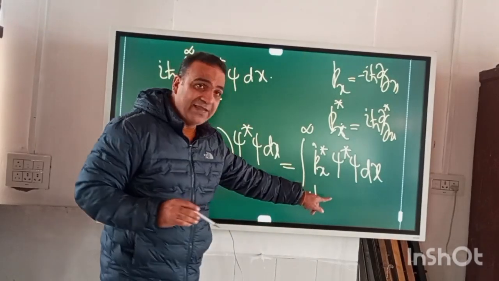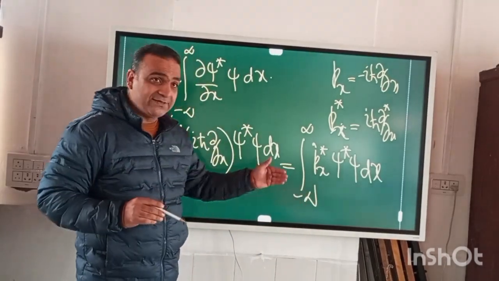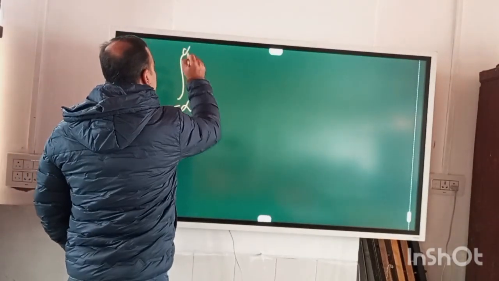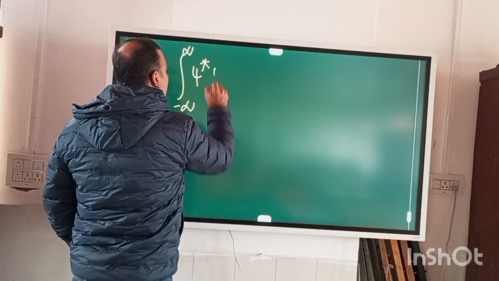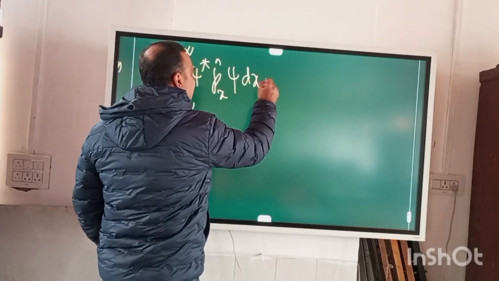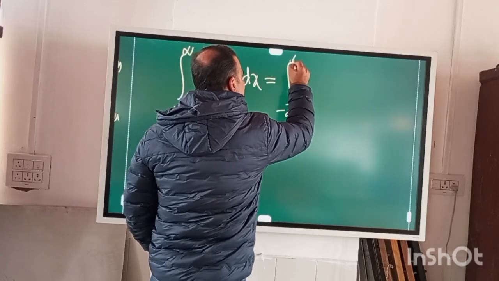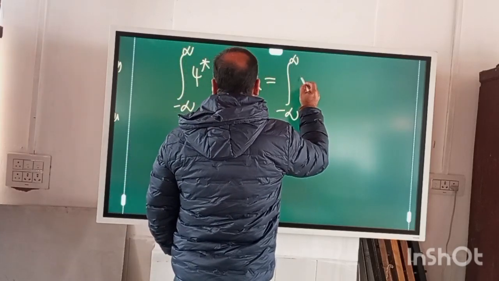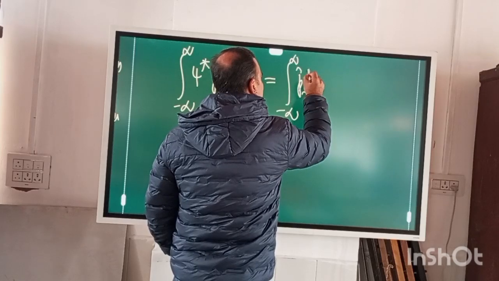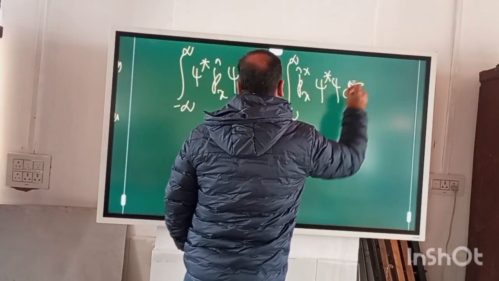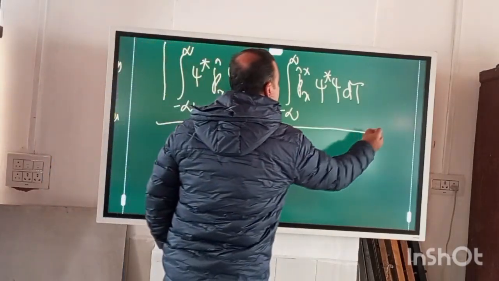So you can see the result that I have obtained here. This result is that you have the integral from minus infinity to infinity of psi star, px cap, psi dx. We have proved that this is equal to the integral from minus infinity to infinity of px cap star psi star times psi dx. So this equation is true.